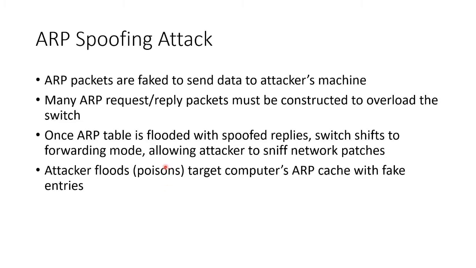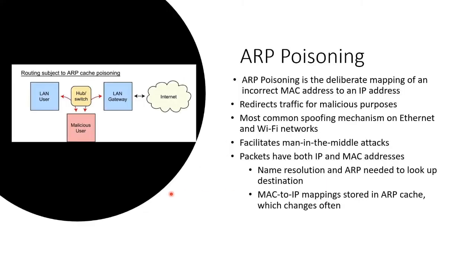And so we flood, or we poison, the target computer's ARP cache as well as the switch's MAC table with these fake entries. So ARP poisoning is the deliberate mapping of an incorrect MAC address to an IP address. Actually, with ARP poisoning, the MAC address is us, the attacker, but the IP address is a server that we're trying to impersonate.